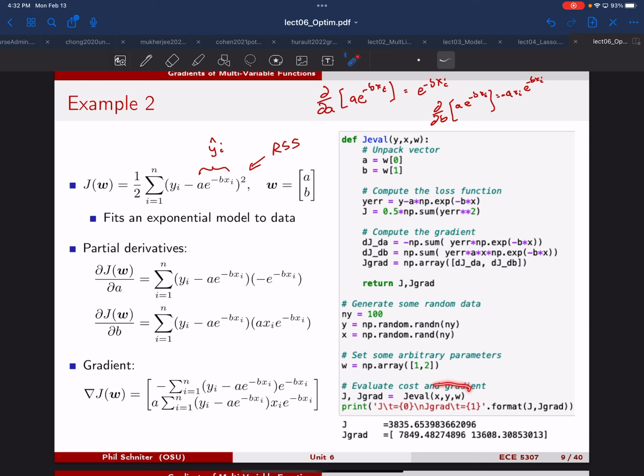And then we can plug in our data and our W vector, and we can evaluate this and the cost itself, and we get this stuff. Okay, just to verify that things are working, with some random numbers. So this is a second concrete example.